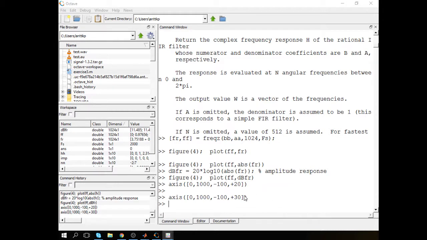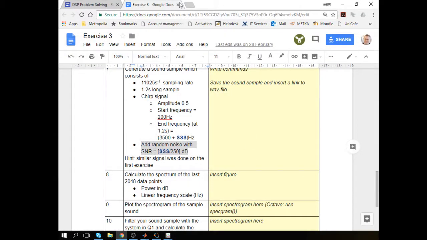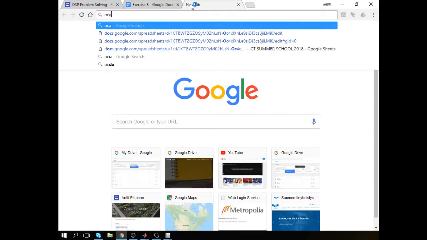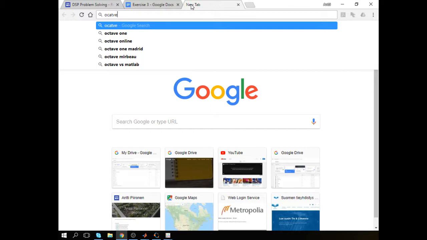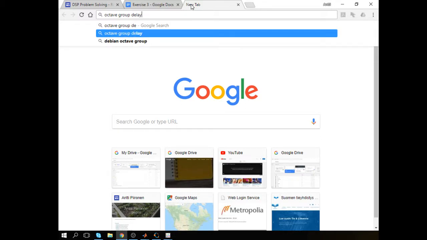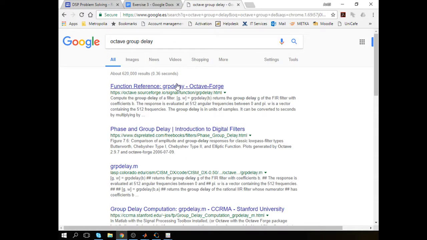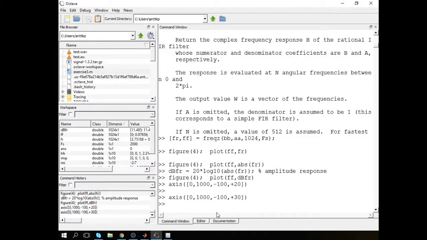So let me try to find if I have the group delay somehow here. On Octave, the best place to start looking for help is Google. Octave group delay. grpdelay, good.